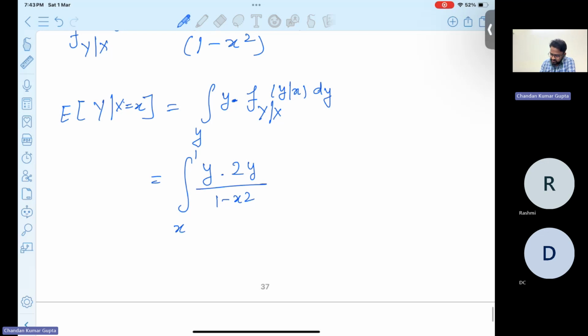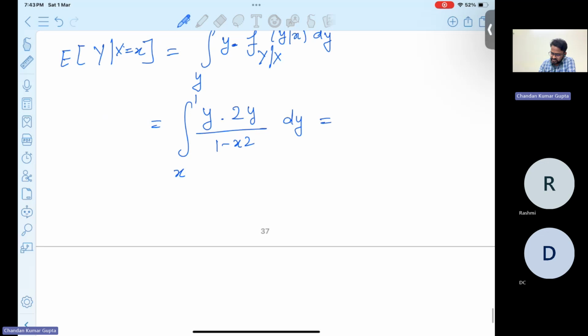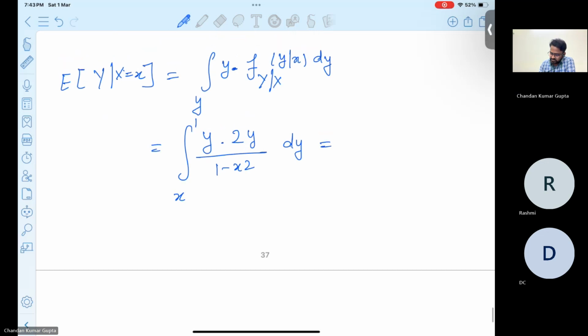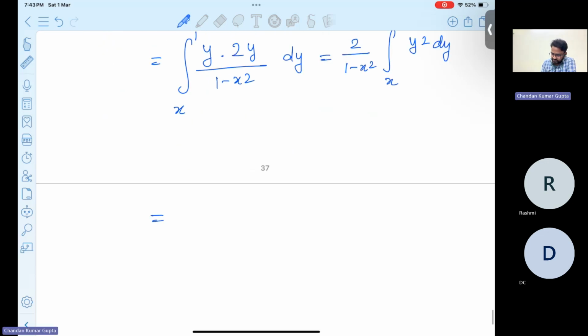Taking 2 upon 1 minus x squared outside the integration, it's the integral of y squared dy, which is y cubed upon 3 from x to 1.